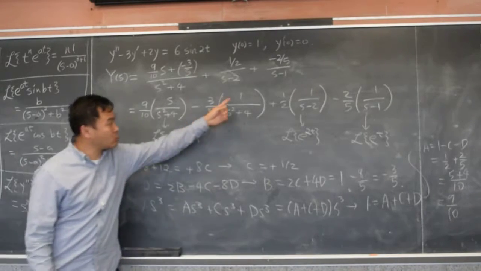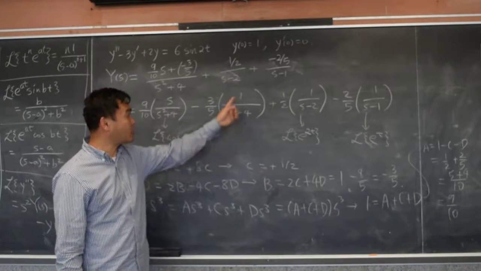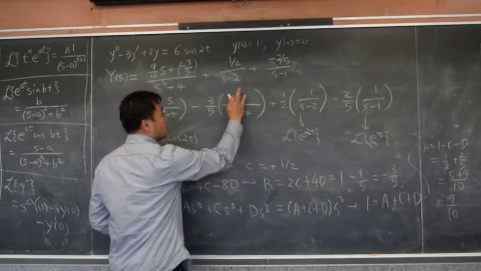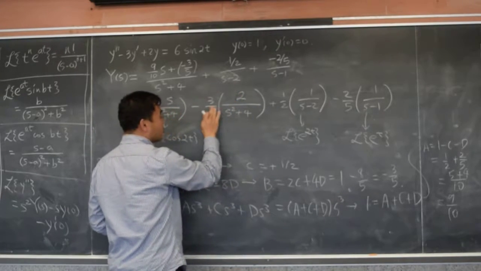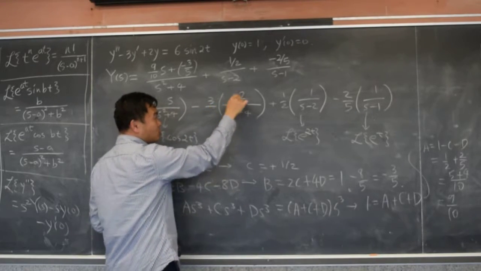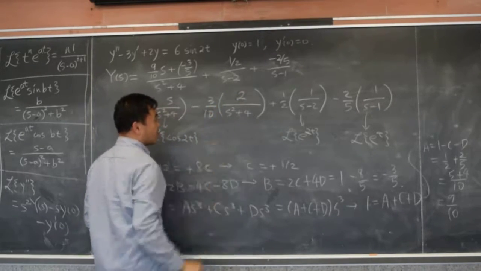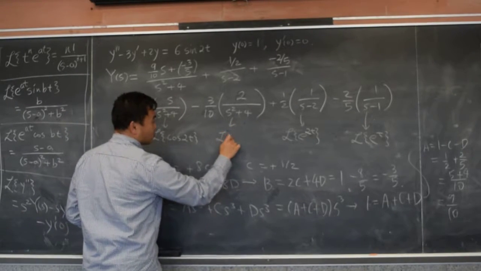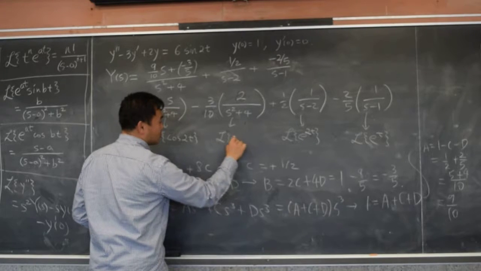But we have 1. What do we do? You have to borrow this from somewhere. How? Multiply by half. You put this as 2, and you rewrite this as 1 over 5 is the same as 2 over 10. Then this is the Laplace transform of sine of 2t.